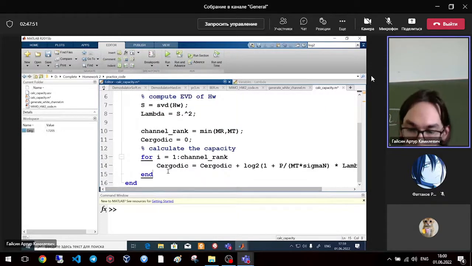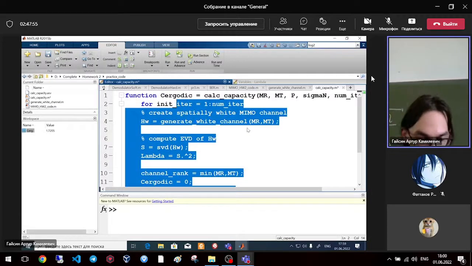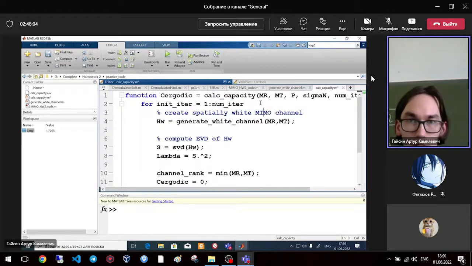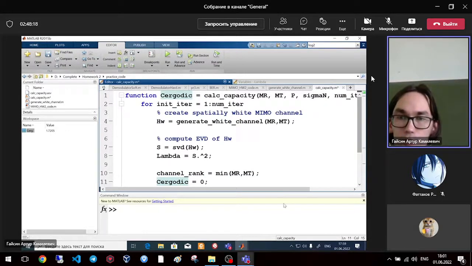You can put here end, and as I remember, you can use Ctrl-I, yes, to get the proper spacing. In this case, we should remember that our C ergodic changes by these iterations.